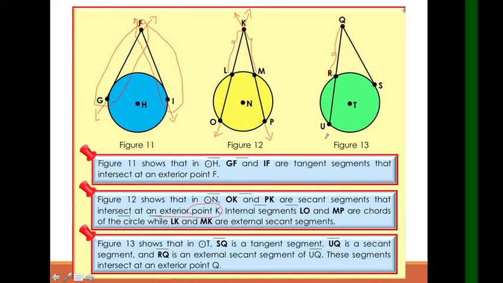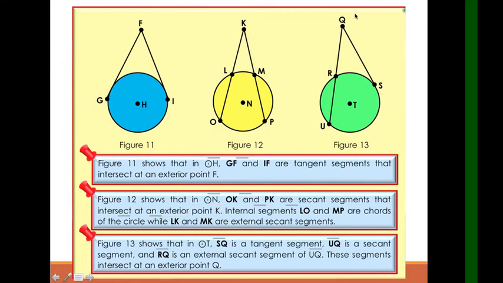These segments intersect at the exterior point. Actually, the segment, mali siya. Segments naman siya. The secant and the tangent intersect at point Q. Okay? Point Q siya nag-intersect. Yung tangent line at saka yung secant line.